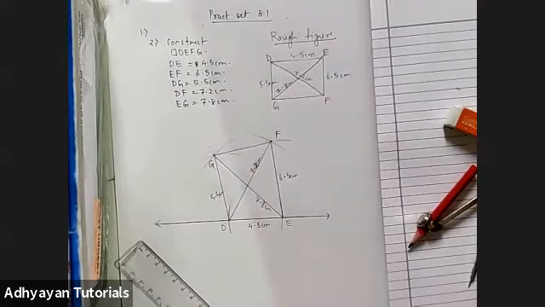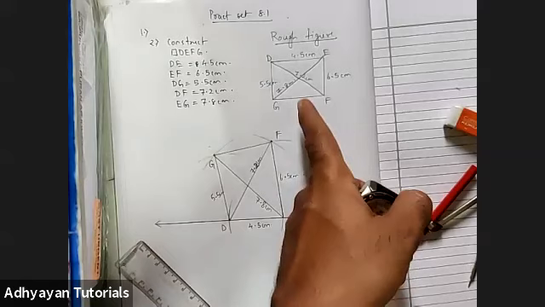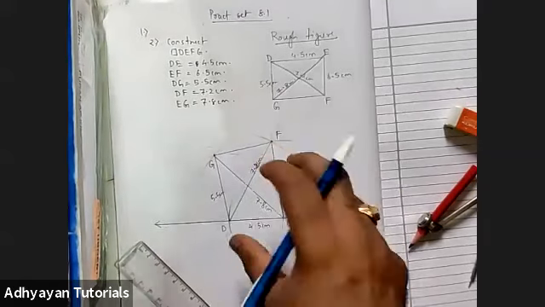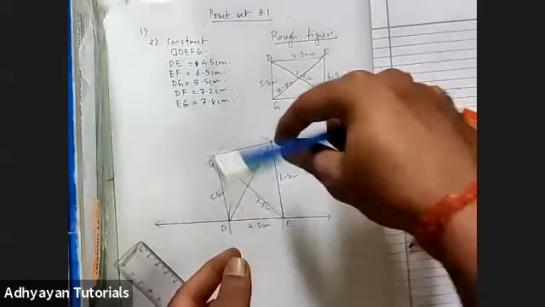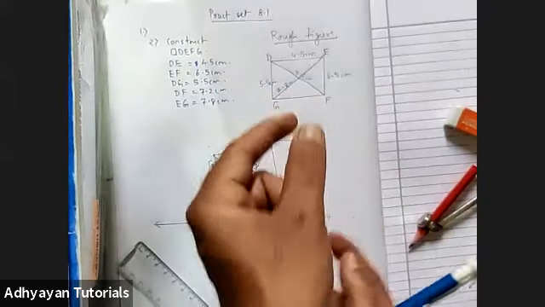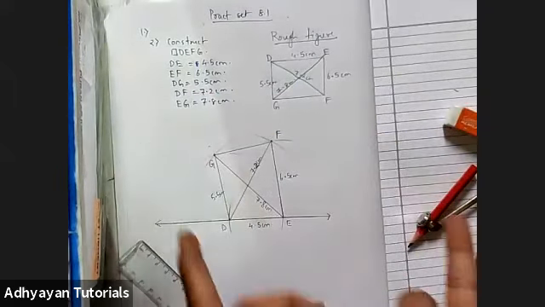I hope everybody has got the same construction, right? In case you have started with any other side as the base, definitely the orientation of the figure would change. Like this orientation, hold it and turn it around, that's it. The orientation will change.